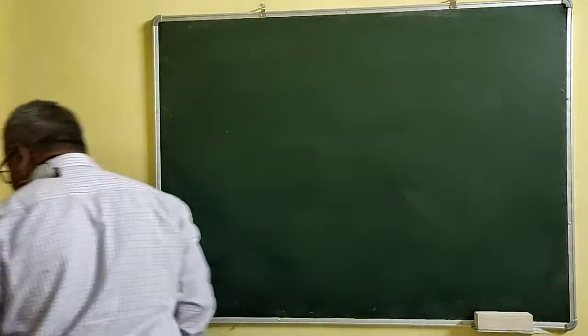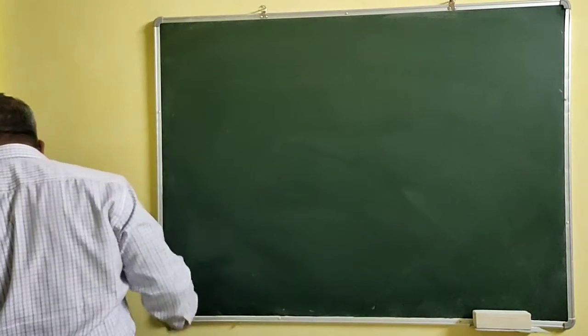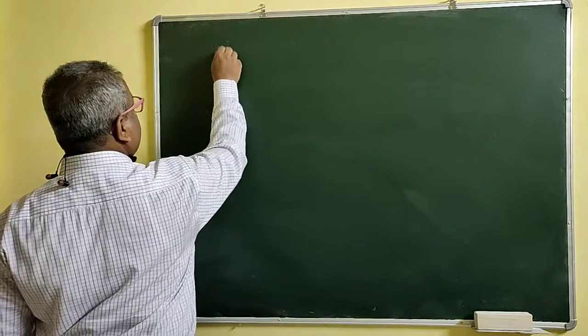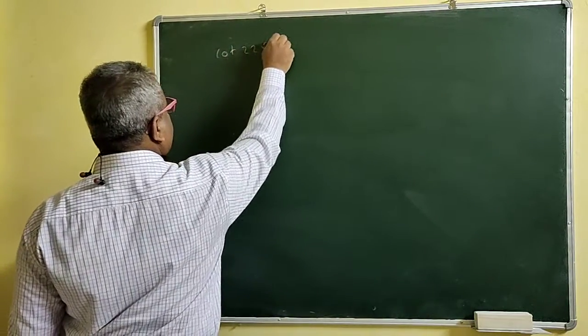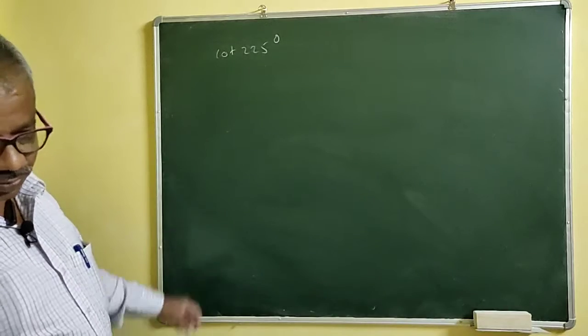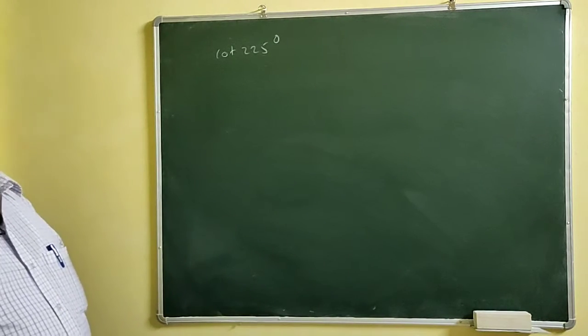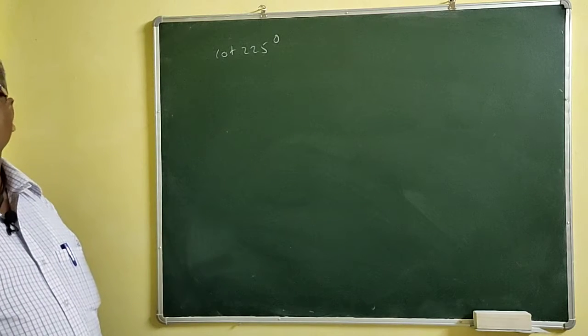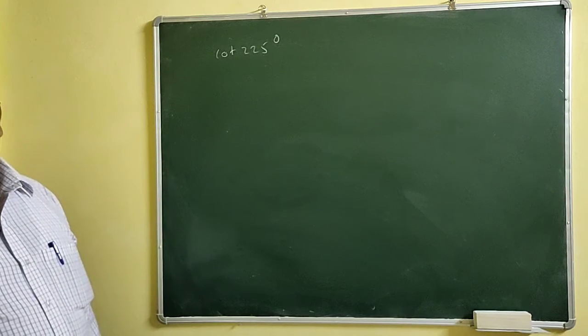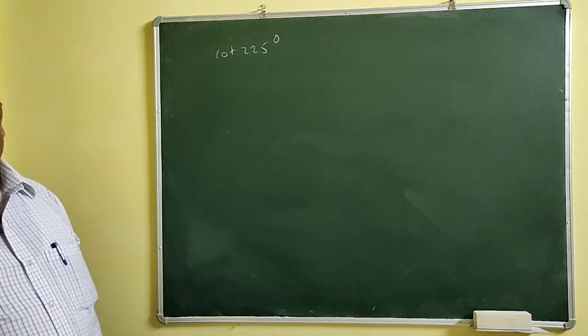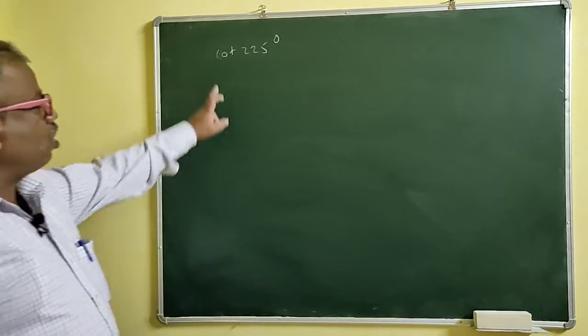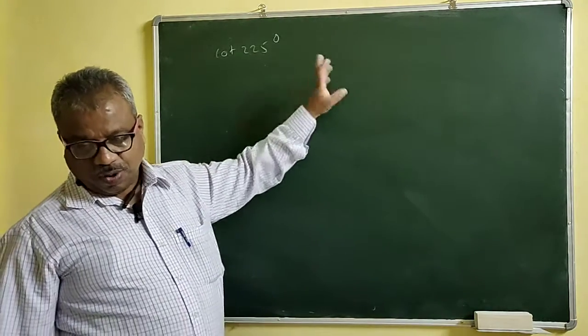Next, find the value of cot 225 degree. Now see, cot 180 degree, whether it exists or not, that first we will see. Cot 180 degree means pi, right?